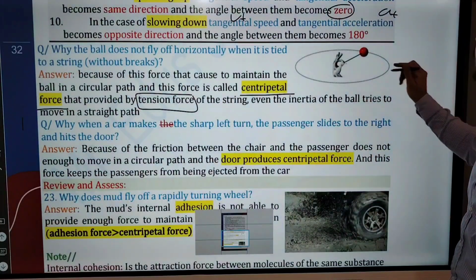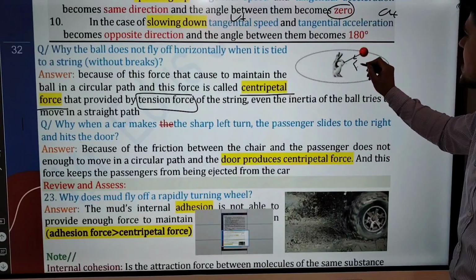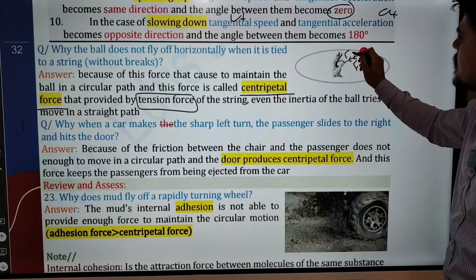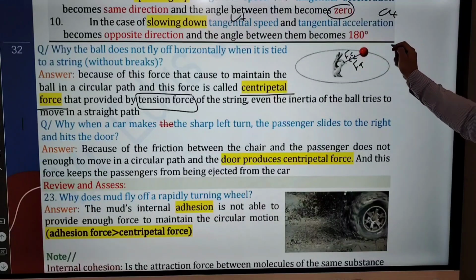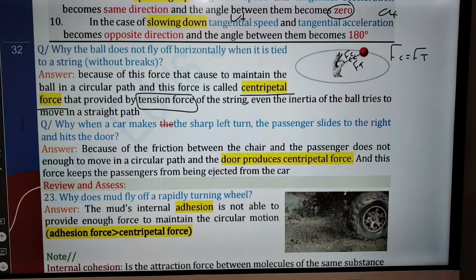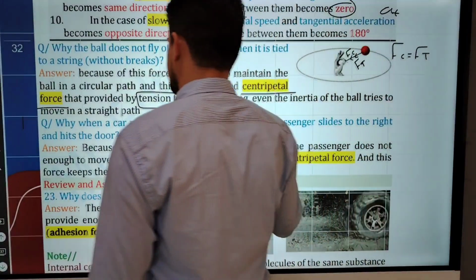By the tension force, or the force of the rod. This is Ft, providing Fc. In a horizontal path, Fc is equal to Ft. So what provides the centripetal force? The tension force.